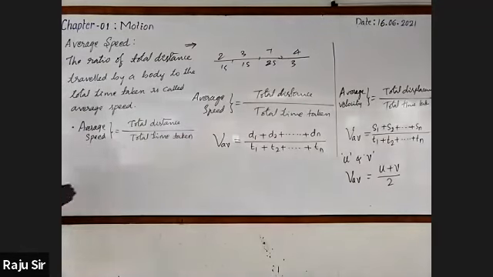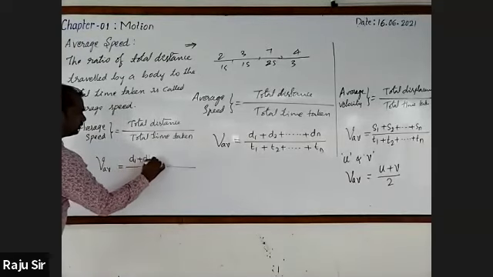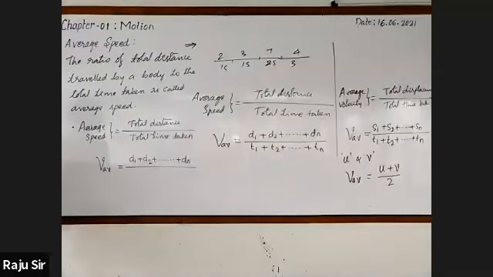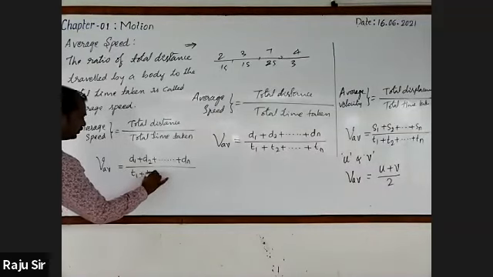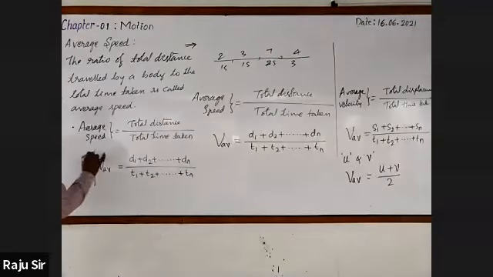Write its symbolic formula as VAV is equal to D1 plus D2 plus D3 and so on, Dn, by T1 plus T2 plus T3 and so on to Tn. You can highlight this with a box.